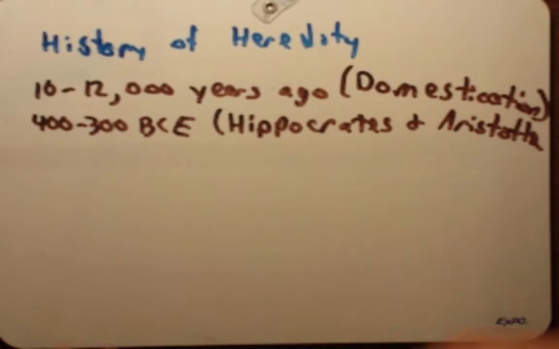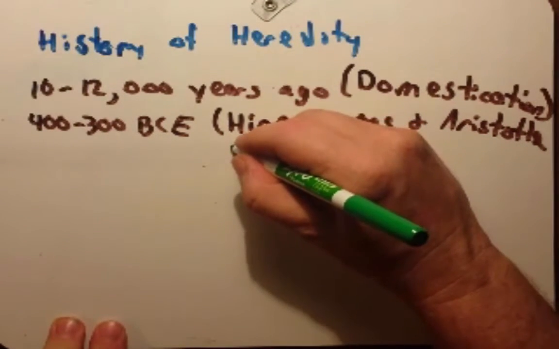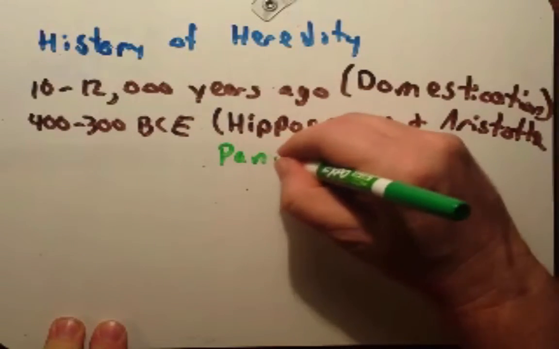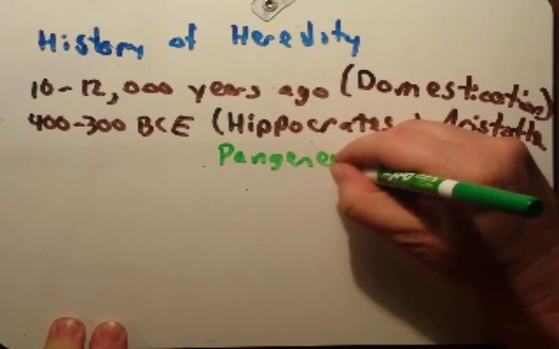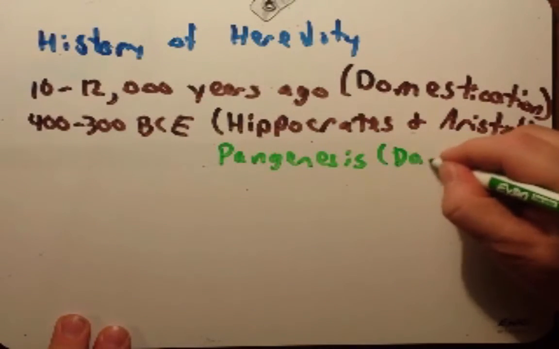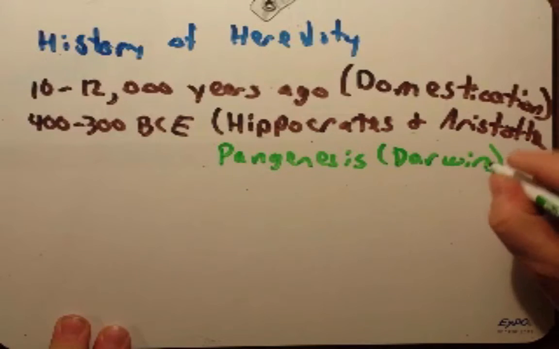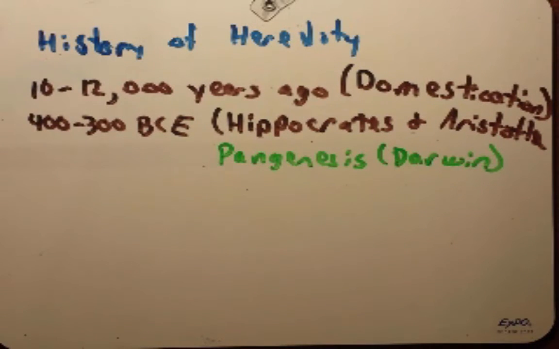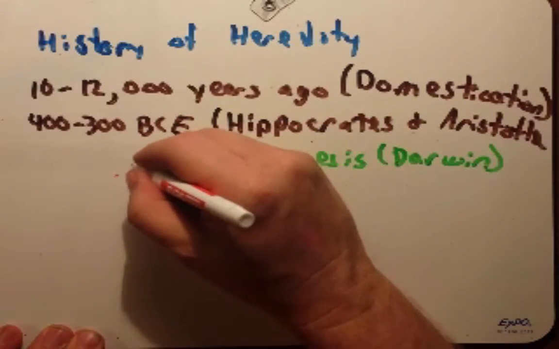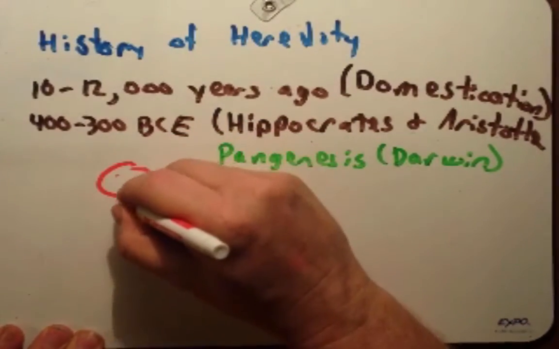And the idea, we'll call it Pangenesis. So let's go ahead and write that here. The word Pangenesis was a term that ultimately Darwin came up with, but it was based on the ideas of Aristotle. And the idea of Pangenesis, let's see if I can make some attempt of a drawing of a human here.